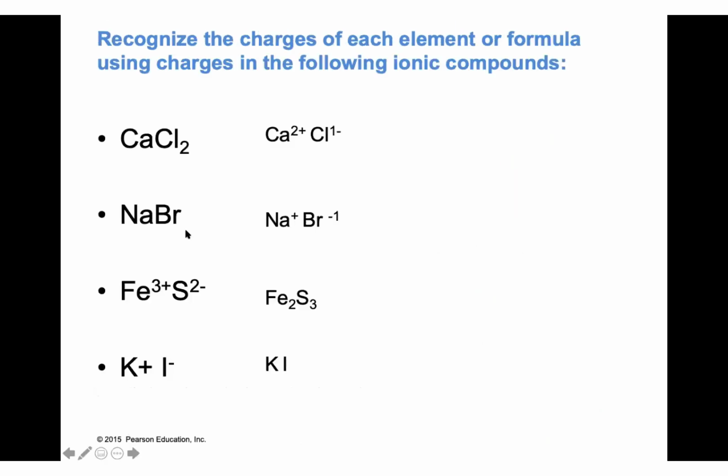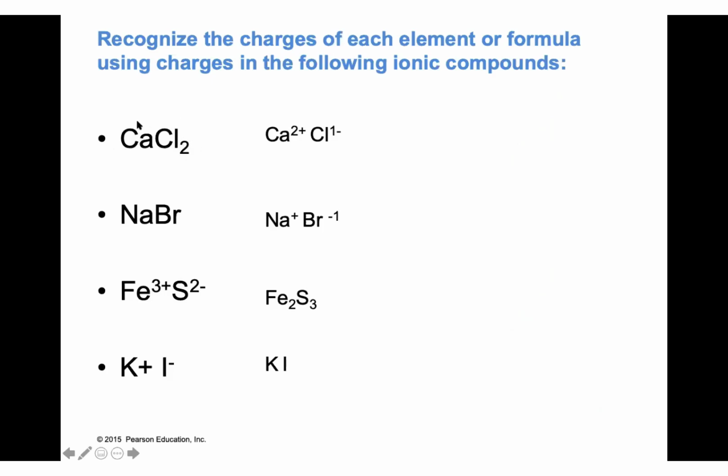So let's find some charges of this. Calcium is from which group of elements? Group 2A, so it has a 2 plus. We can also find the charge of calcium from the subscript of chlorine.